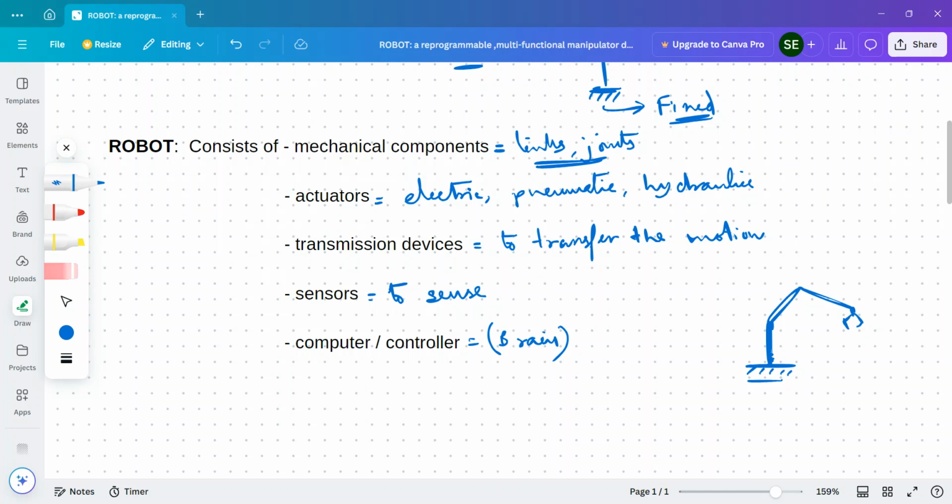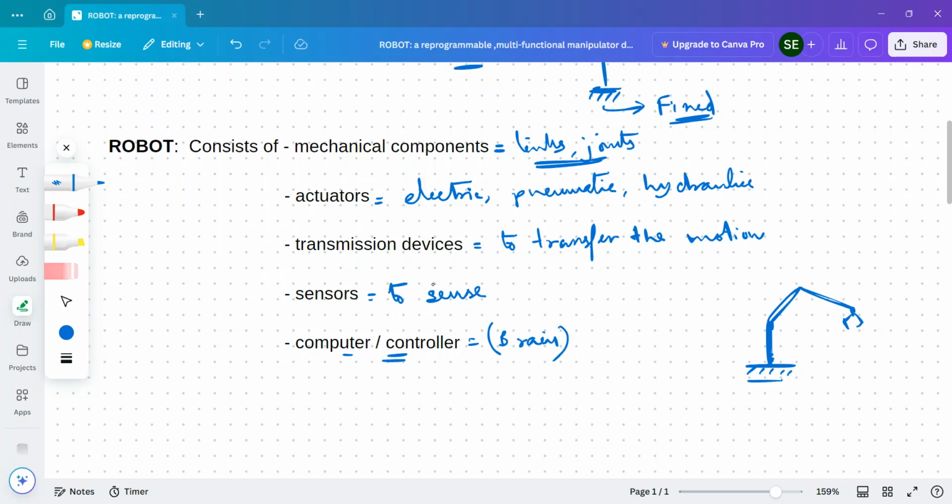I will tell you in detail later. And lastly, the computer or controller, by which we do the programming. Most programs are done in the teach pendant for an ABB robot or Fanuc robot. Sorry, the Fanuc teach pendant is for the Fanuc robot.